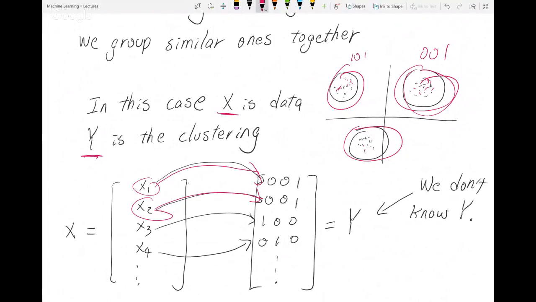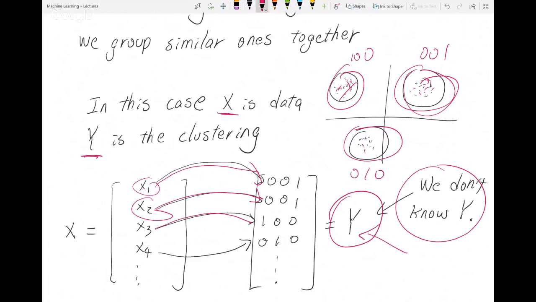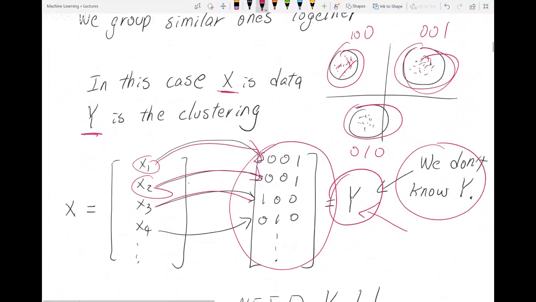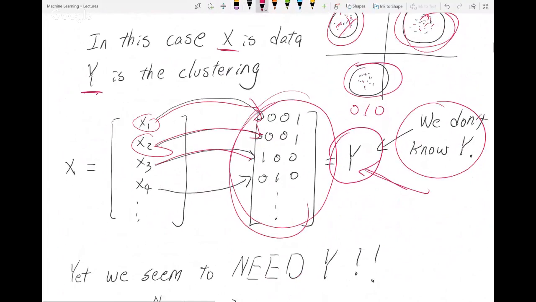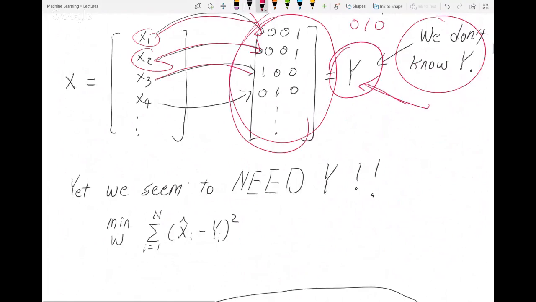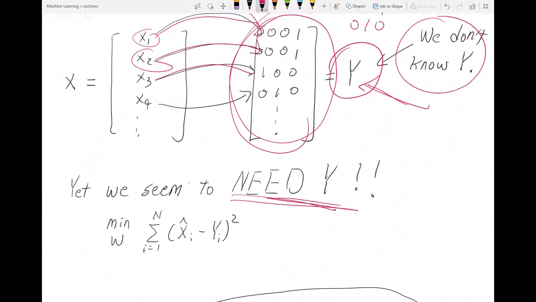And this one is going to be 1, 0, 0, so this one will go somewhere here. And then this one will be 0, 1, 0. So it's just a way to designate which cluster it belongs to. And that is the Y, which we don't know, and we want to find it. Make sure you understand what we are looking for. So yes, it seems like we need Y. We don't know Y, but we need Y to solve this problem.